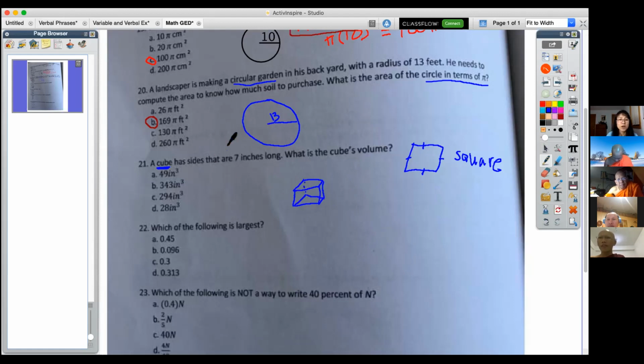Okay, so they don't have to tell you everything. They said the cube has a side that is 7 inches long. So that means everything is 7. So what is your volume?